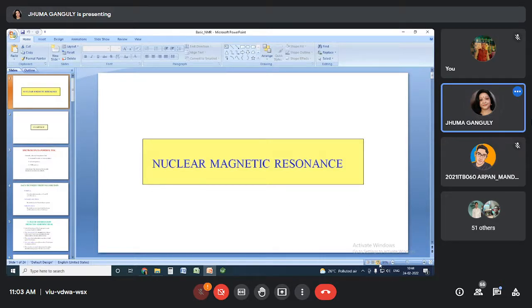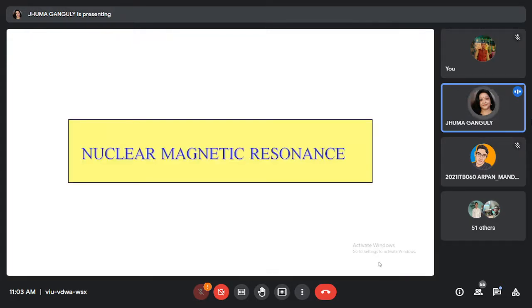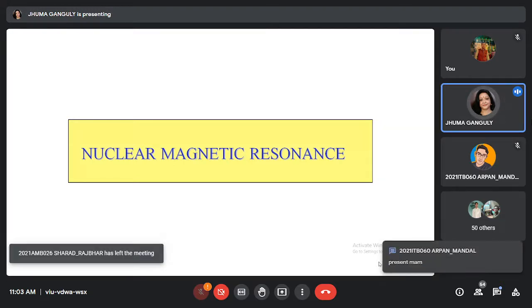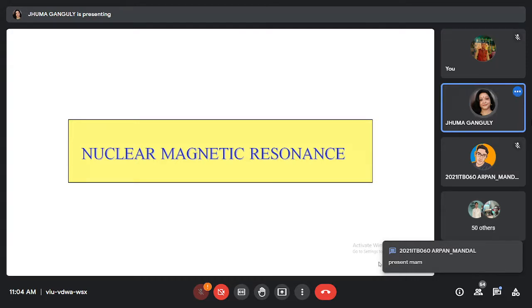Okay. So, nuclear magnetic resonance. Have you any idea about this one? Actually, we use the term NMR popularly, and we are more familiar with NMR, not nuclear magnetic resonance all the time. Any idea?